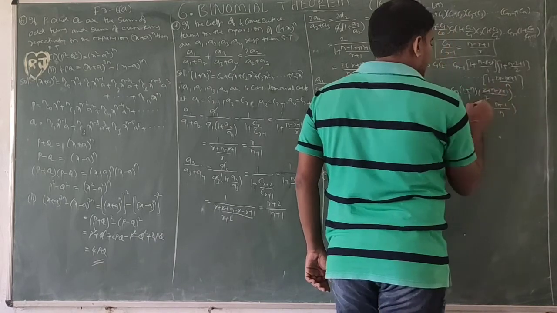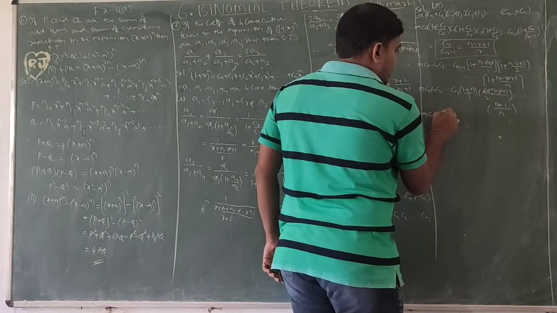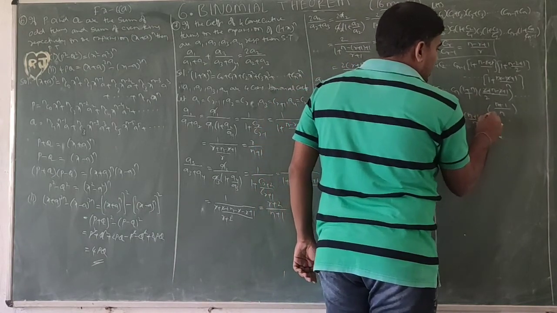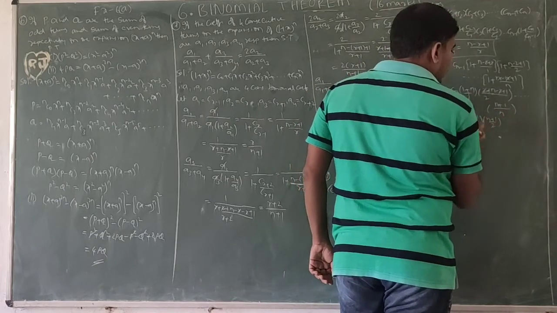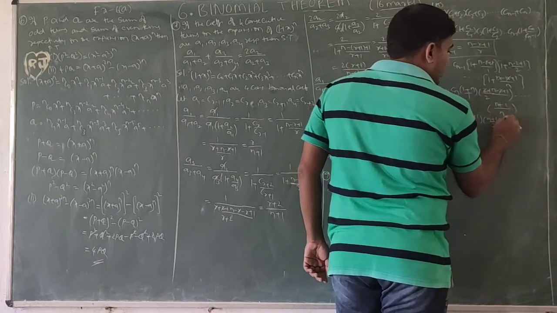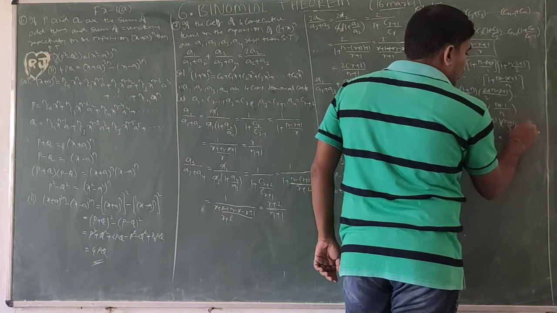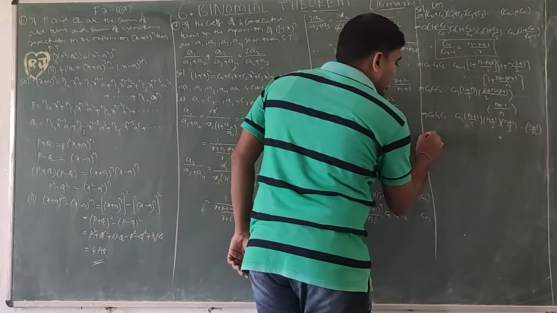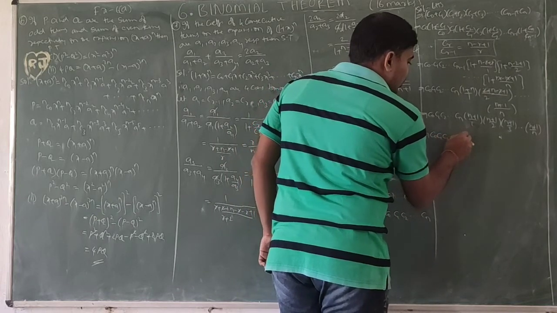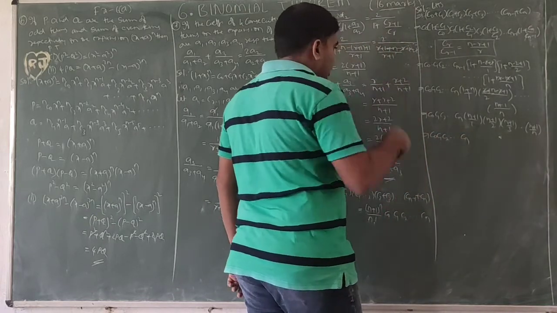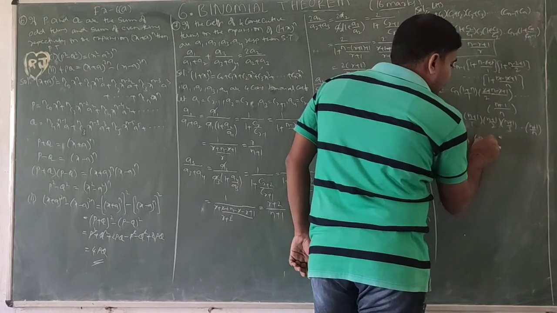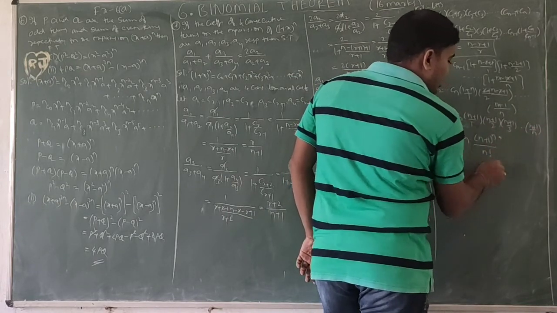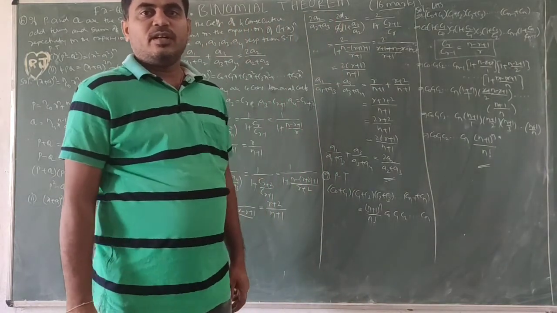So 2 cancel. C0 C1 C2 up to so on Cn, n plus 1 by 1, n plus 1 by 2, n plus 1 by 3, up to so on n plus 1 by n. So how many n plus 1? N times. n plus 1 whole power n by 1 into 2 up to n, equal to n factorial. This is the required solution.